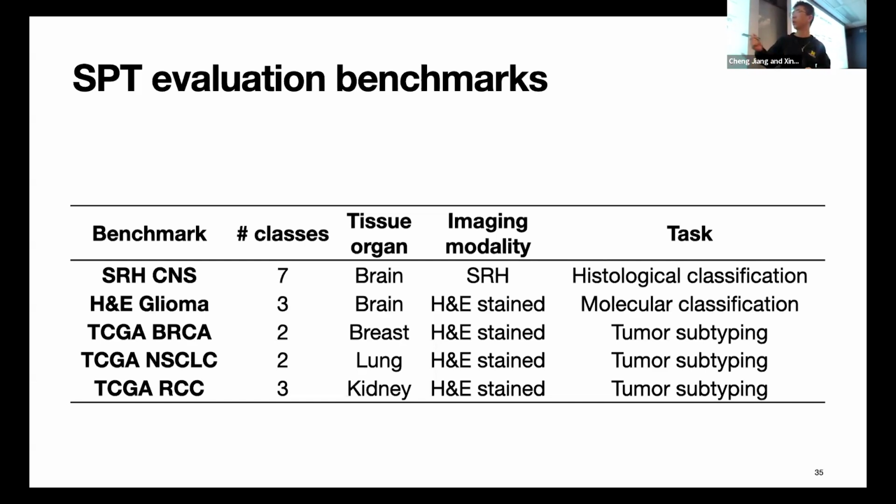For the H&E glioma, we benchmark the molecular classification of IDH wild type and mutant. TCGA BRCA is breast cancer, where we do subtyping with 2 major breast carcinoma subtypes in the TCGA BRCA project. Same for NSCLC, which is lung cancer, and RCC, the kidney tumor.